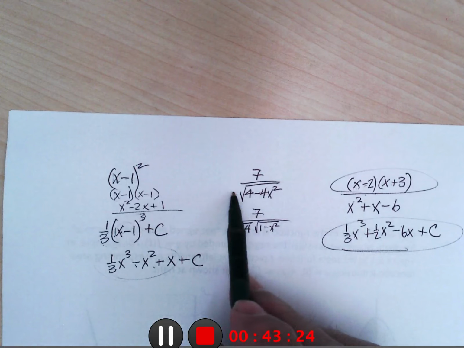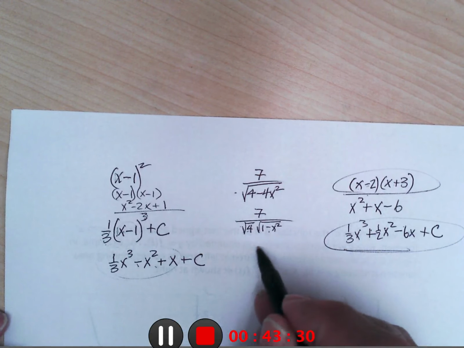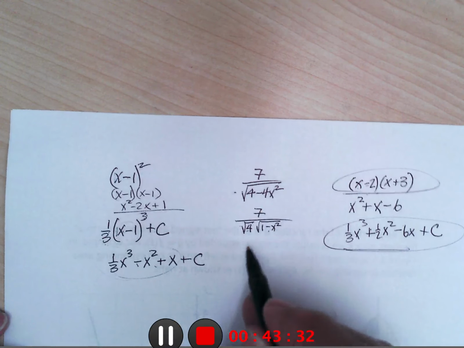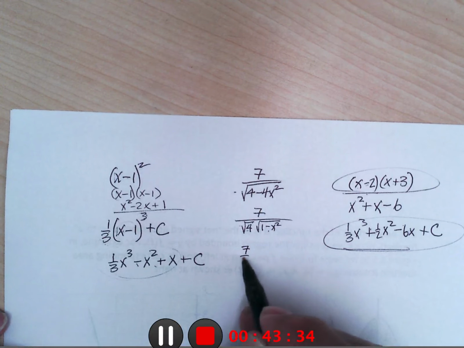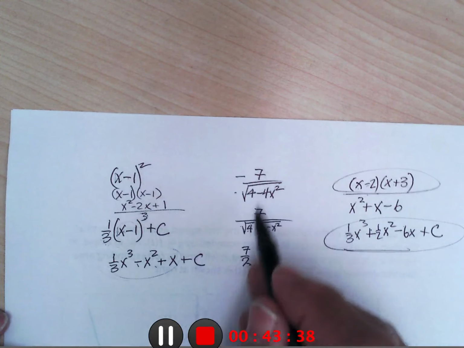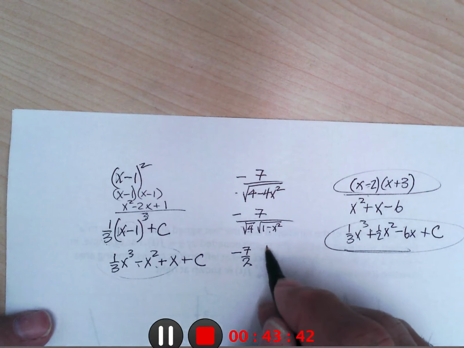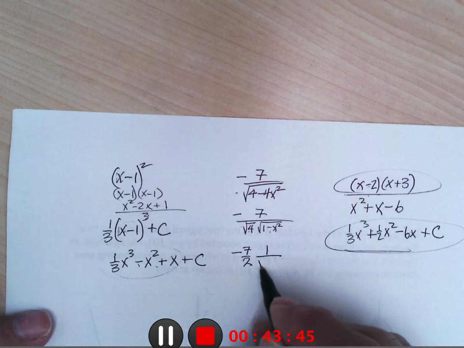It stays in a square root, but it's just a separate one. And then the square root of 4 is 2, so if I pull this over, I get 7 over 2 times, and I think I made this minus in the class. So I'd have minus, and then this would be 1 over the square root of 1 minus x squared.